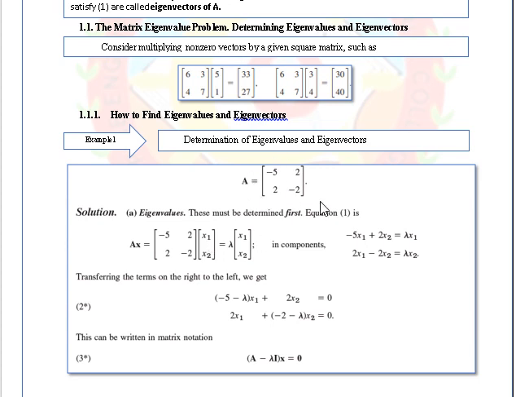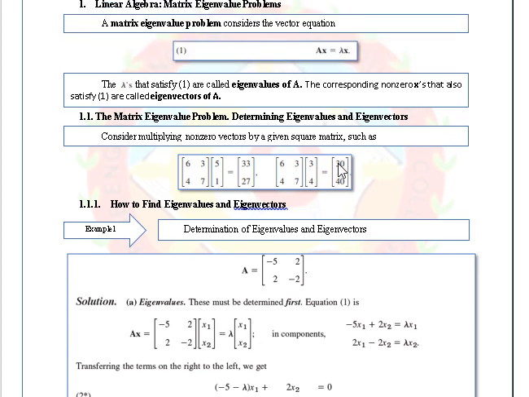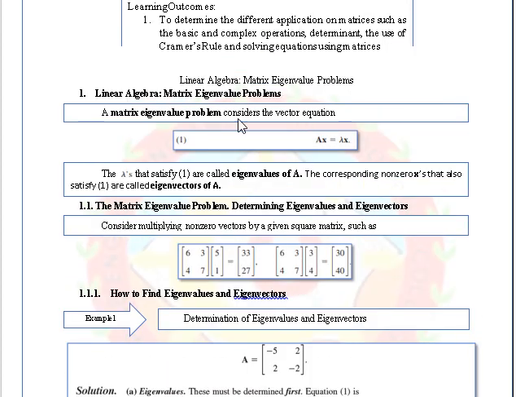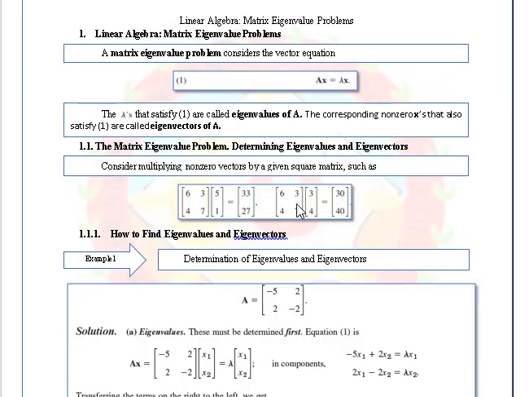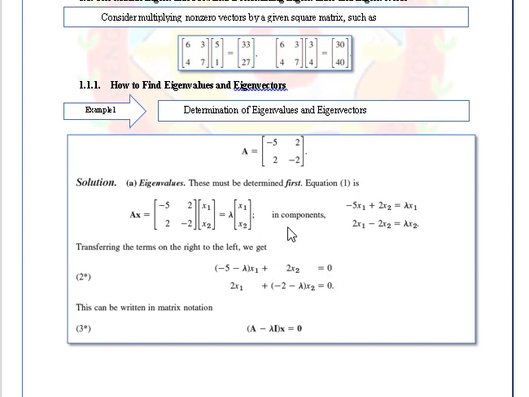If we multiply that matrix A with the vector x1, x2 and satisfy the equation of the eigenvalue problem, this vector equation, then we can actually have these equations. We have the matrix A multiplied by the vector x, which is equal to lambda multiplied by the vector x.